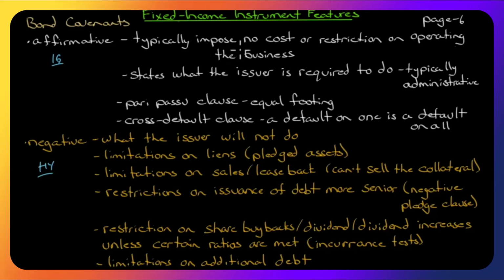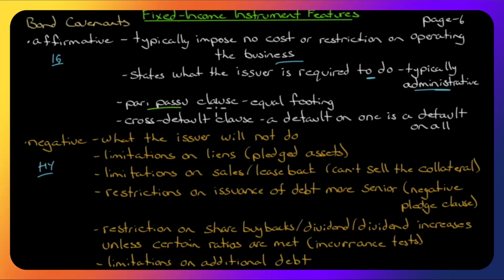And affirmative clauses typically impose no cost or restriction on operating the business. It states what the issuer is required to do, which is typically administrative. Things like, hey, listen, every quarter you got to file your statements with the SEC. The company would say, yeah, we do that anyways. Well, let's just put it in the contract to make sure that we all agree that you're going to keep doing the things you do, right?